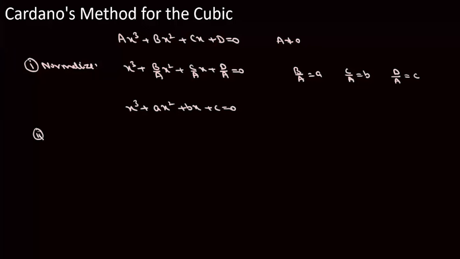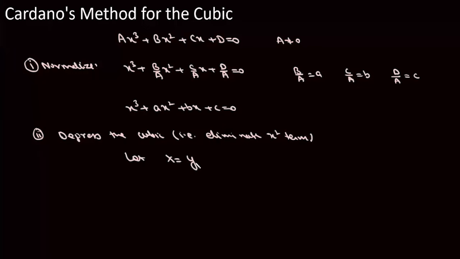Second step is, we'll depress the cubic. That is, we'll eliminate the x squared term by substitution. So for the substitution, we'll let x be y minus h.